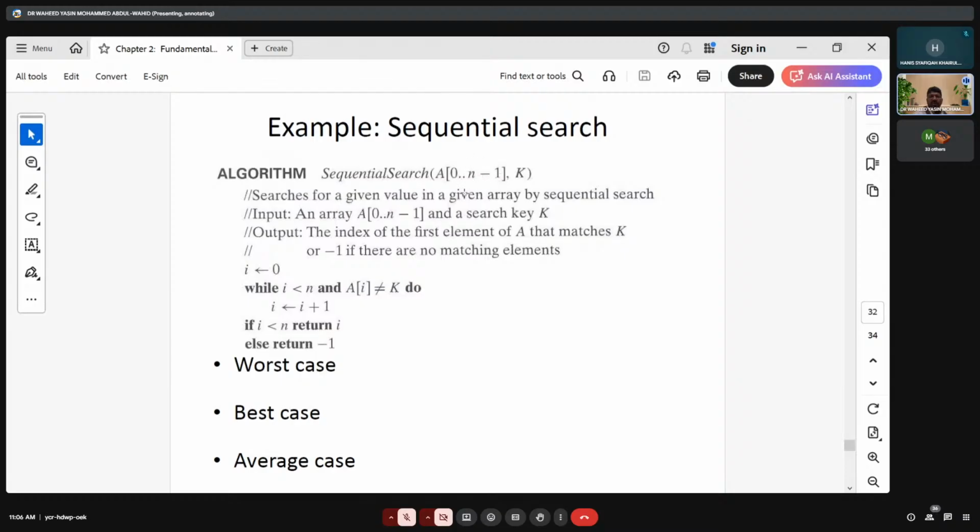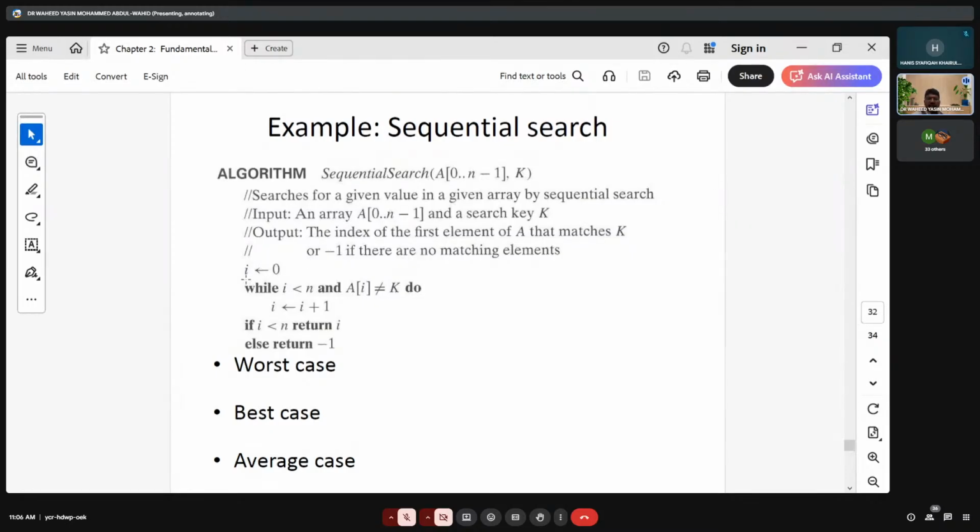If there is a match with K, it gives the position of the value. If there are no matching elements, it will give me minus 1.